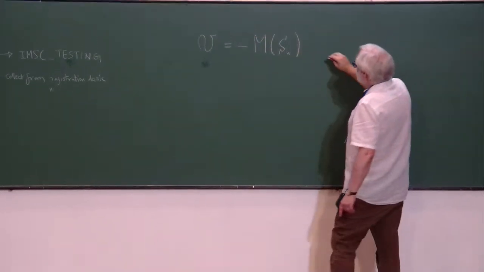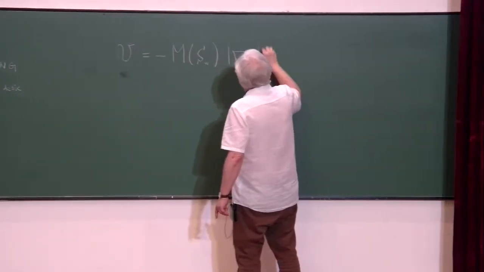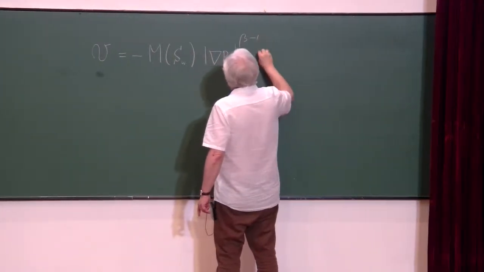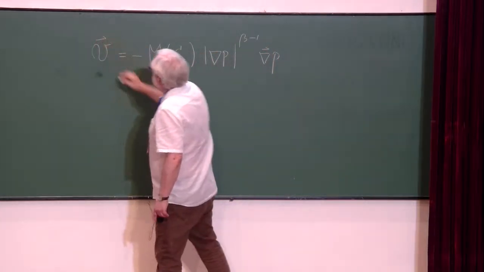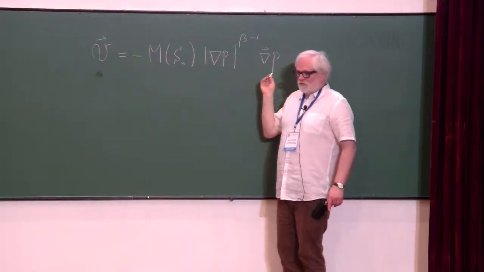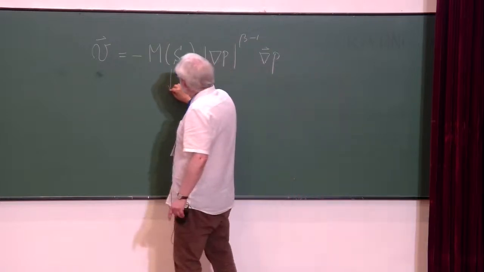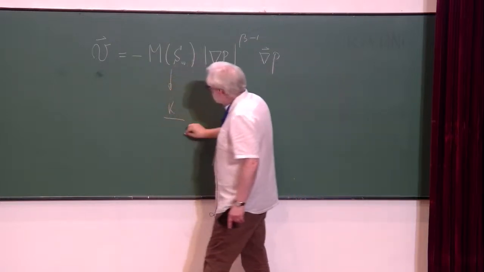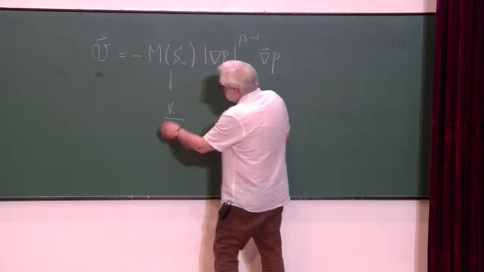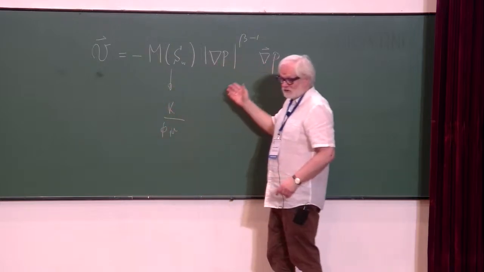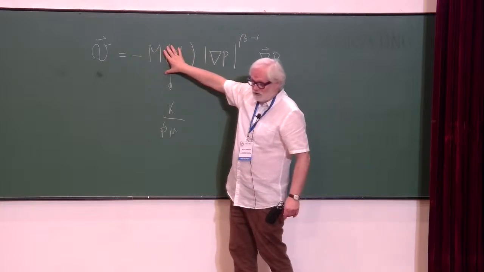And then you have dP to the exponent minus 1 times dP. This would be the equivalent of the Darcy, where usually that is K over phi mu, but here it would be something else, because if beta is greater, that part really hasn't been explored much.